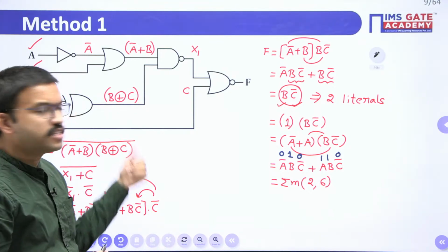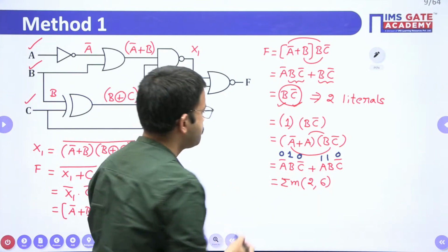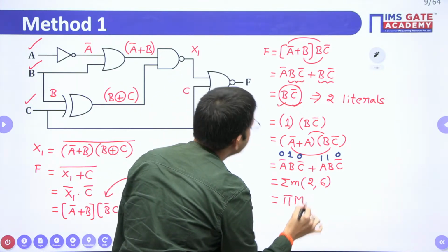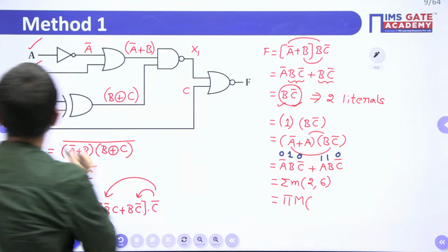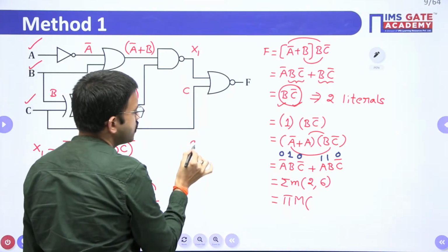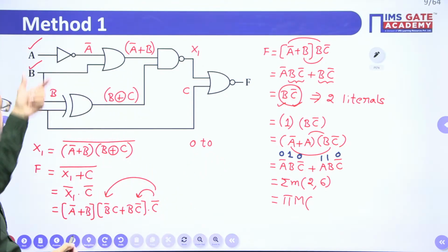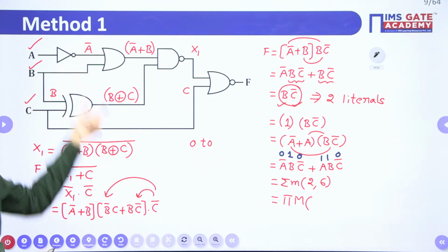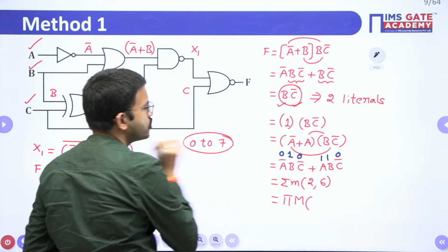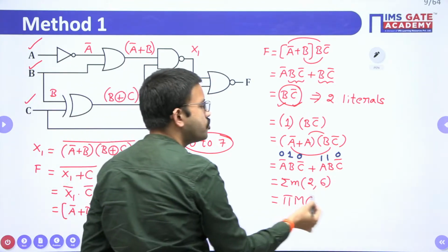Okay, but in the choices they haven't given sigma m, instead they have given pi capital M. So here, since the given function is a 3 variable function, when you write all the inputs in combinations of ones and zeros, you will get the decimal equivalent range as 0 to 7, 8 combinations, out of which these 2 combinations are min terms.